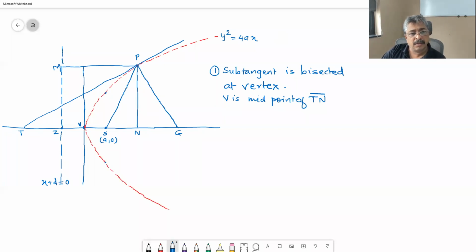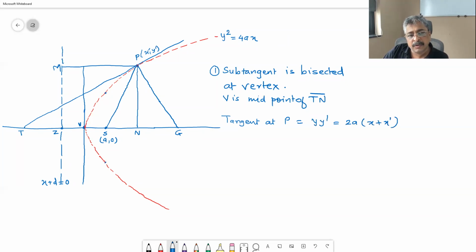If the coordinate of P is, say, (x', y'), then we know the tangent at P. Let me put it x dash, y dash, otherwise variable and constant will not be differentiated. So y y' is equal to 2a into (x plus x').